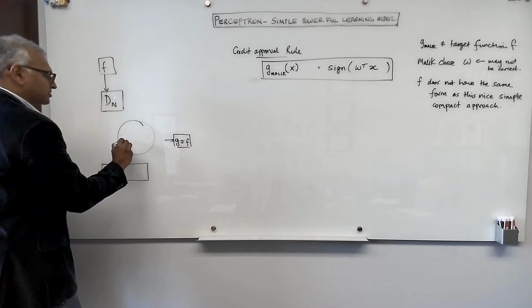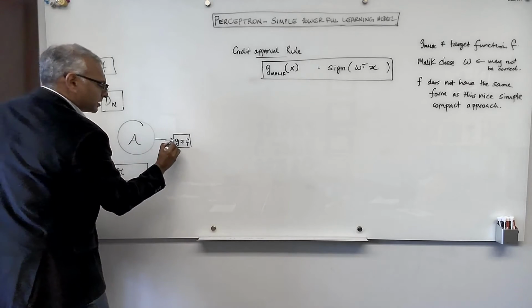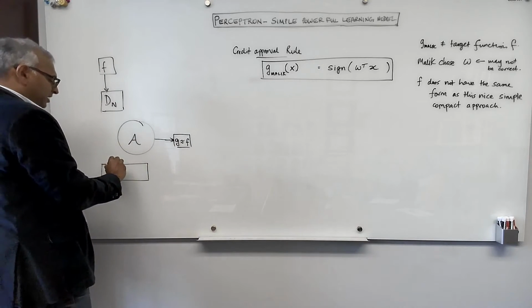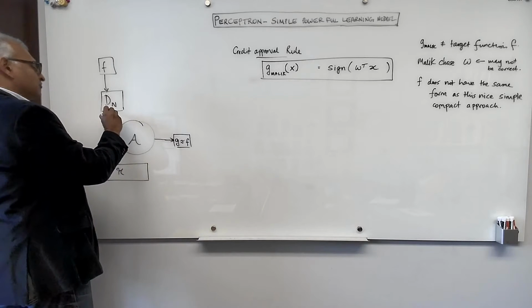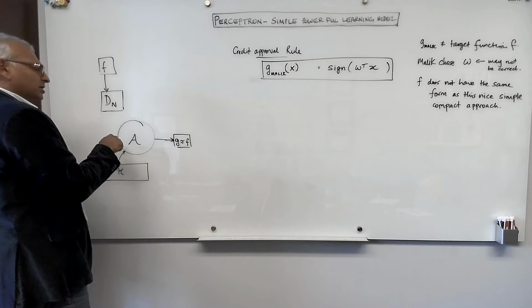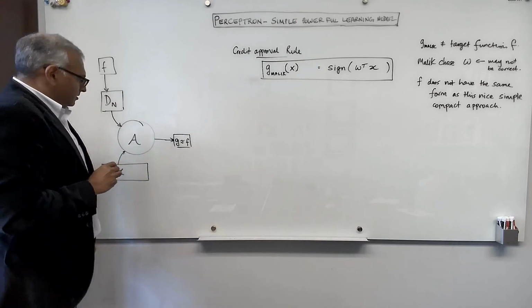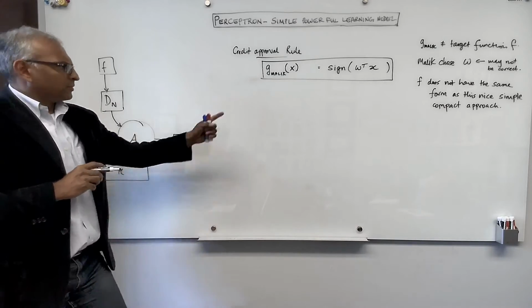So to complete the setup, you have a learning algorithm, and it's the learning algorithm that produces the final hypothesis by picking one function from your hypothesis set, and typically you're going to use the data in order to do so. Whereas here we just came up with the credit rule.